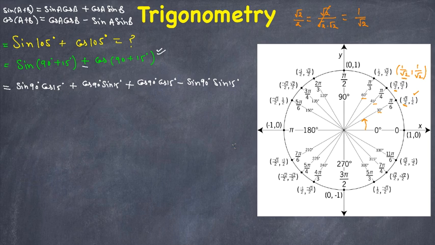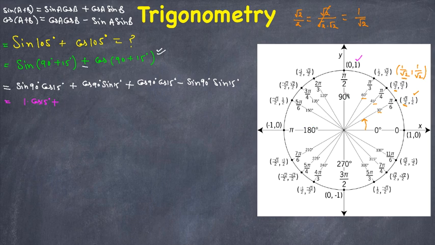And now look at the unit circle. What is the value of sine 90 degree? So at 90 degrees sine is basically the y value, which is 1. So sine 90 is going to be 1 times cosine 15. Leave it as it is because we're going to work on this as we did in previous example, plus how about cosine 90?